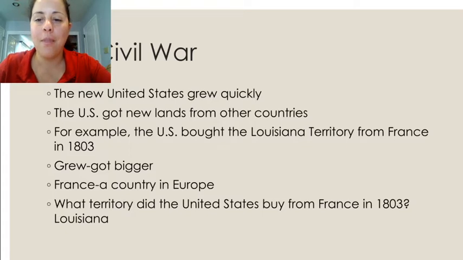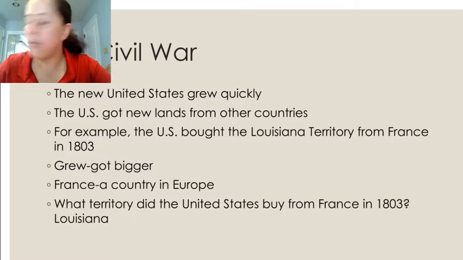Now, here is a question. What territory did the United States buy from France in 1803? Louisiana. Louisiana Territory. If you look in your book on page 71, you can also see Florida.